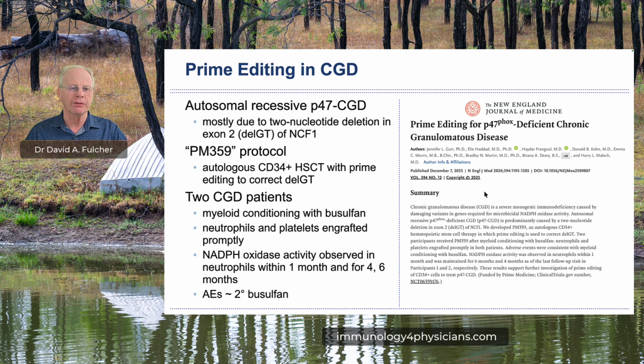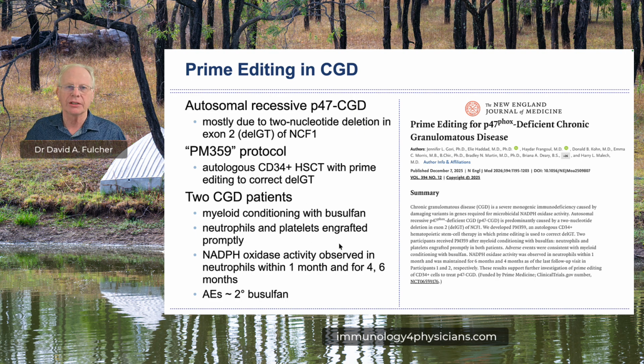Really interesting stuff. Basically, they look at two patients with CGD with the P47 autosomal recessive defect, and they apply this protocol where they take autologous stem cells and correct the deletion of two nucleotides in exon 2, and then reinfuse those cells into the patient with some conditioning with busulfan.